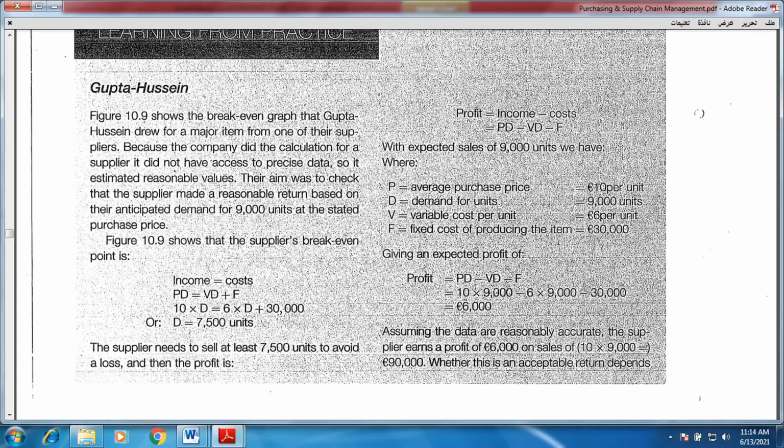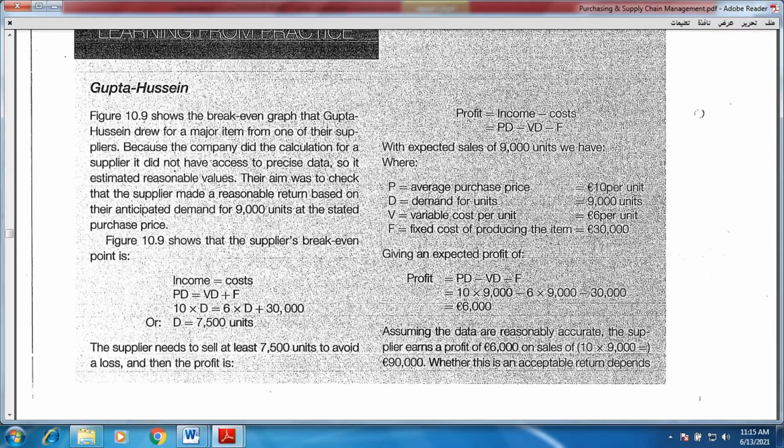We have 9,000 units to be sold at $10 each. So we have $90,000 minus $6, which is the variable cost, multiplied by the same number, 9,000, so we have $54,000.